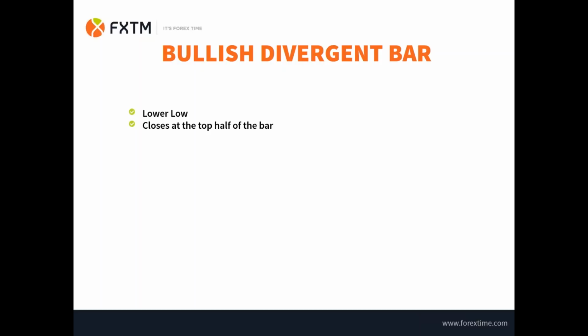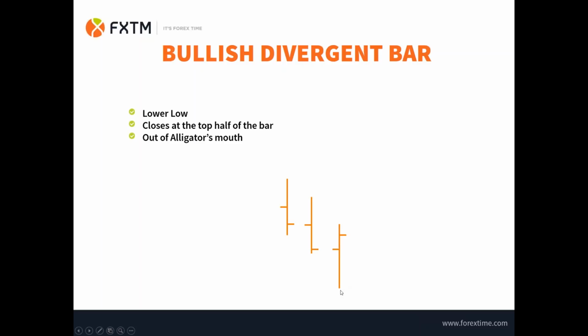So bullish divergent bar, it's a lower low. It shows a lower low. Your candlestick, your bar, if you like, has a lower low compared to the previous candlestick or bar. And it closes at the top half of the bar, of the candlestick. And it's out of the alligator's mouth. Of course, the bullish divergent bar looks like that.